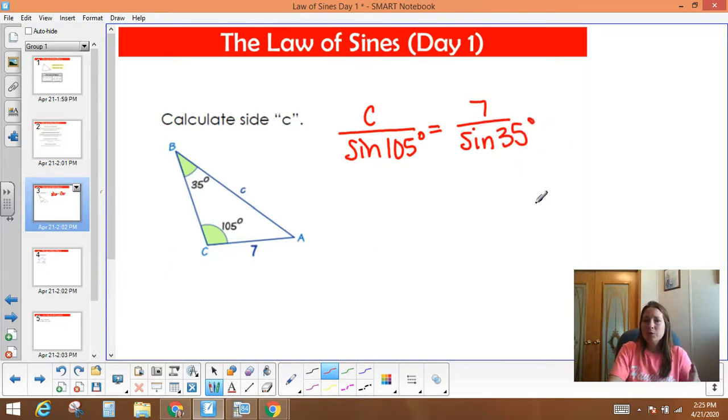All right, so you have a fraction equal to a fraction, also known as a proportion, which y'all have been solving since middle school. So you know that you cross multiply. You're going to have C times the sine of 35 degrees is equal to 7 times the sine of 105 degrees. We're solving for C, so we're going to divide by the sine of 35 on both sides.